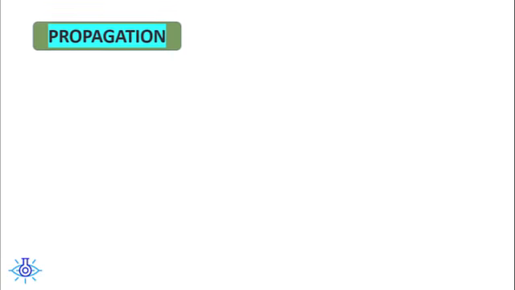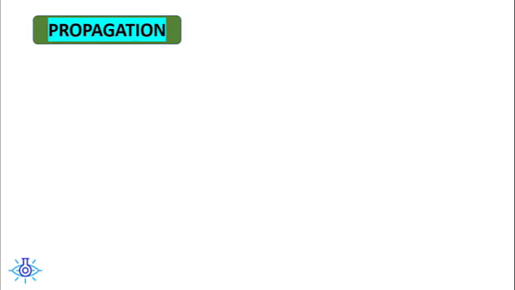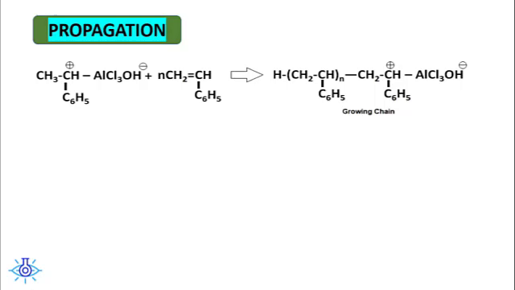The second step is the propagation. Propagation involves the growth of the chain initiating species by successive addition of monomers. So one by one the monomer adds to form a growing chain.